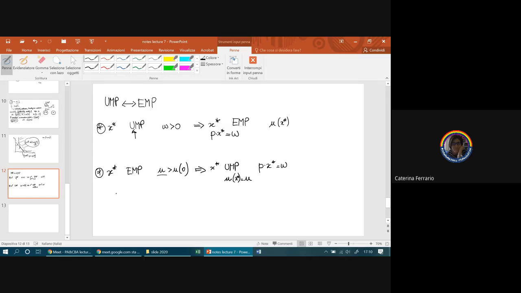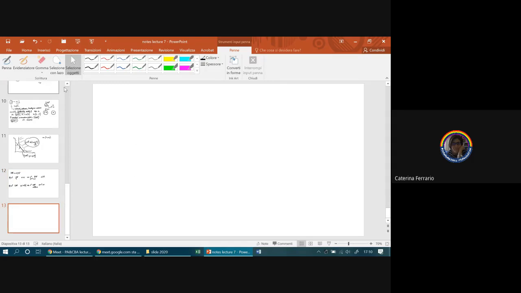And finally, as we have defined the indirect utility function for the utility maximization problem, you remember that the indirect utility function is the function V of P, W given by the values of the utility function for the optimum X star.